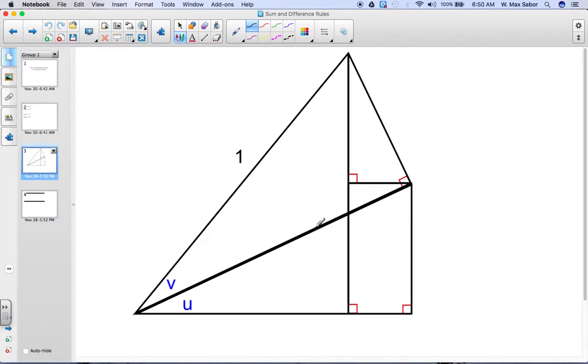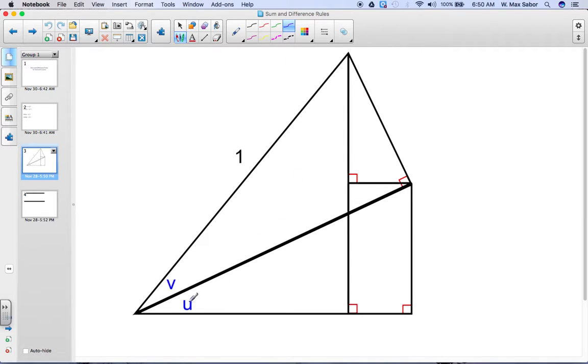If we extend this line until we reach a perpendicular, we will always be able to create a right triangle here. Then from this right triangle, we can create a rectangle here, extending this adjacent side and extending the opposite side.